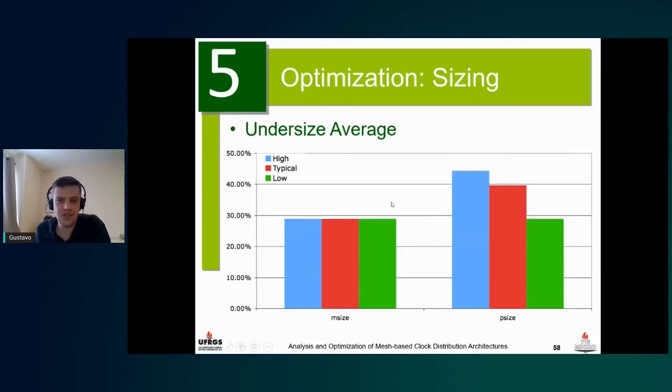And okay, so this shows how much we were able to reduce the size of the buffers. The reduction of the size of the buffers is something that was not explored in my thesis.